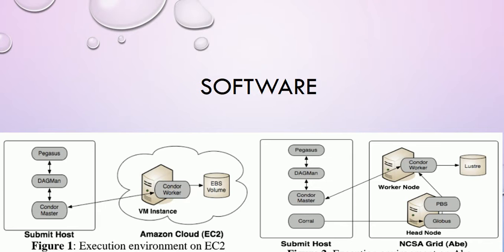All workflows were planned and executed using the Pegasus workflow management system. Can you see here Pegasus and Pegasus? All the workflows were planned with the workflow management system with DAGMan. So there is a DAGMan over here, and there is a DAGMan over here, and Condor.